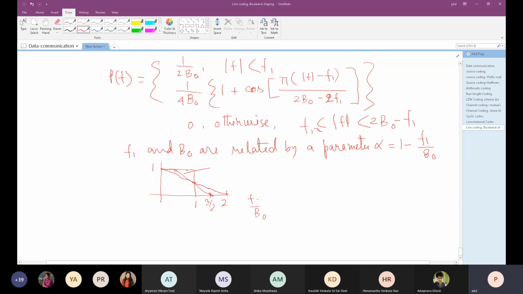So this is alpha equal to half, and this one is alpha equal to 0. So alpha equal to 0 means f1 by b0 equal to 1. So therefore 2b0 minus f1, that will start from 0 itself.